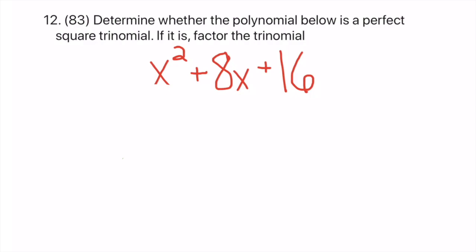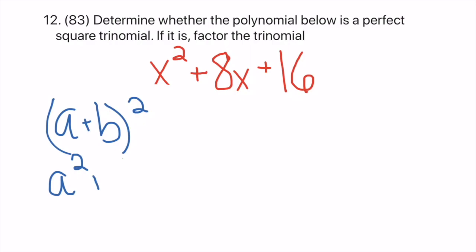So if you remember, a perfect square trinomial follows this pattern, where you have a plus b squared, and when you factor it into a perfect square trinomial, it falls into the pattern of your first number squared plus 2 times a times b, so the two numbers multiplied together, plus your last term squared. So let's see if we can figure out if that works with this trinomial.